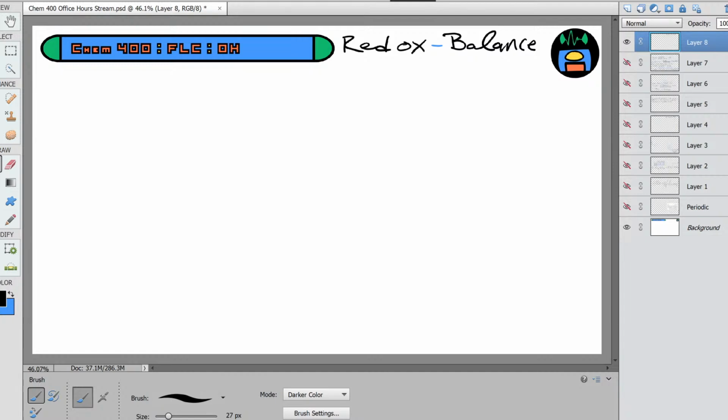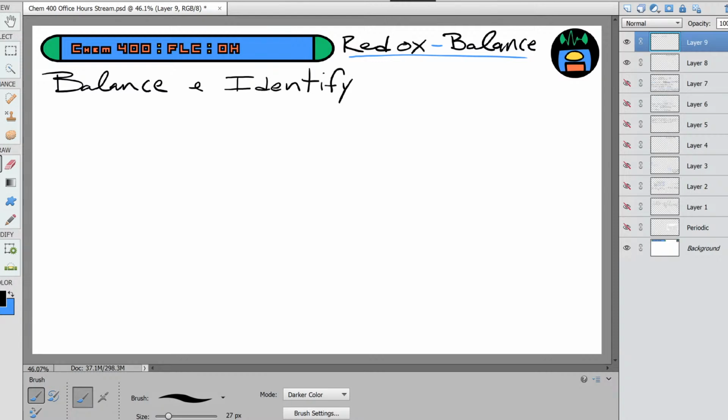So, balance and identify the oxidizing agent and the reducing agent.